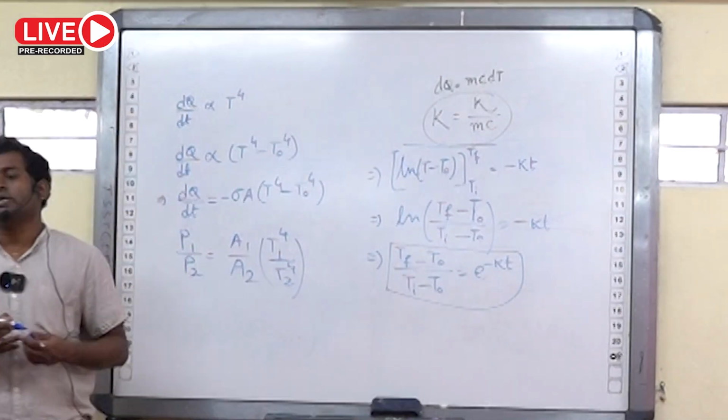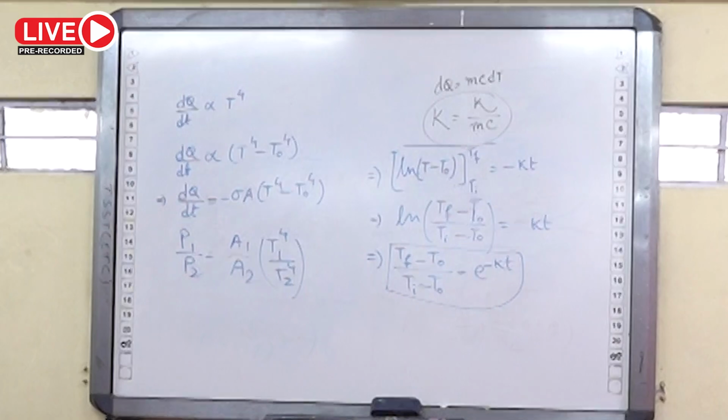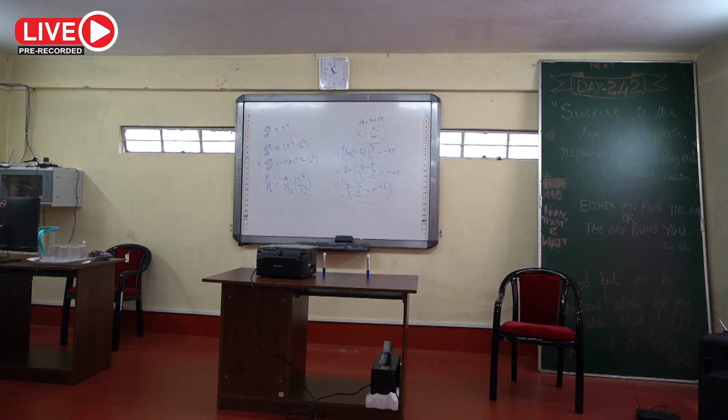But the actual law has T naught to the power 4 subtracted: T1 to the power 4 minus T naught to the power 4 divided by T2 to the power 4 minus T naught to the power 4. But in the question it is given that it is irrespective of the surrounding temperature. So the Boltzmann correction is not required. We have to start with Stefan's law and find the answer.